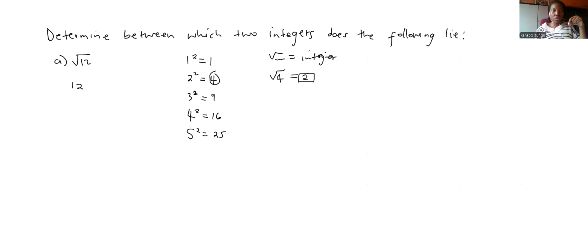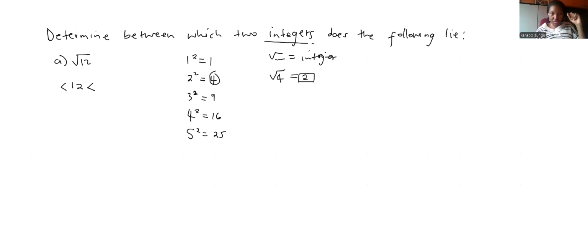Now let's go. First thing you do, take out this number 12, and you would want to know between which two integers 12 lies. You say, okay, 12 is bigger than something, but it's smaller than something. I said to you, you must check two perfect squares between which the number 12 is going to lie.